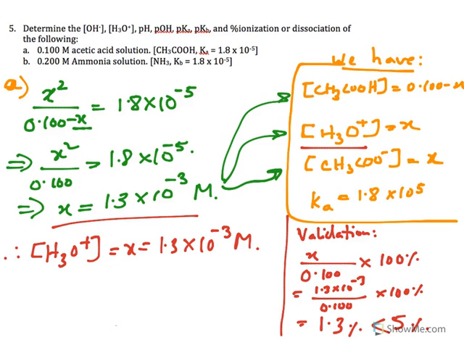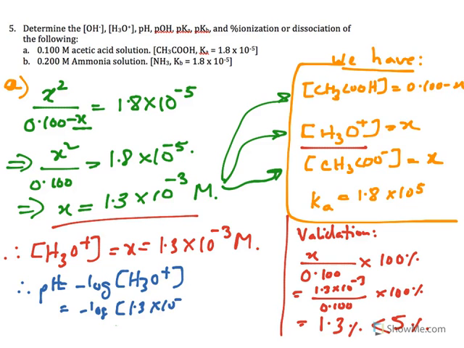Now, since we know the H+ or H3O+ concentration, we can get our pH. So pH is equal to negative log of H3O+ or H+. So it's going to be equal to negative log of 1.3 times 10 to the power of negative 3, and that is equal to 2.89.